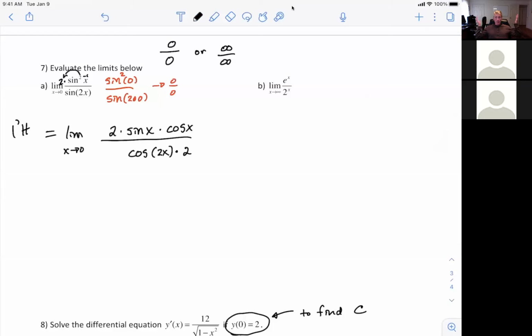So then let's see if we could just plug in 0. Because x is going to 0, if you plug in 0, is it going to be defined? If so, we're done. So this would be 2 sine of 0, cosine of 0, and on the bottom, cosine of 2 times 0, that'll be 0, then times 2.